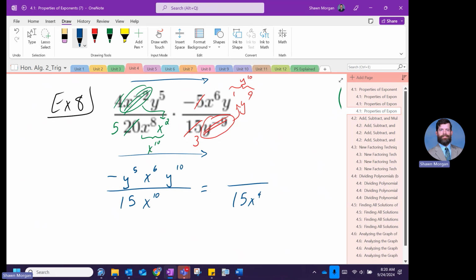And then Tristan, how about the top? Y to the what? Attaboy. Good. So y to the 15th. And that negative resides up there still since it was a coefficient.